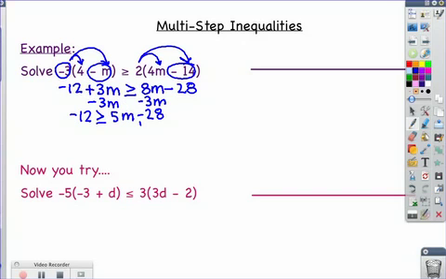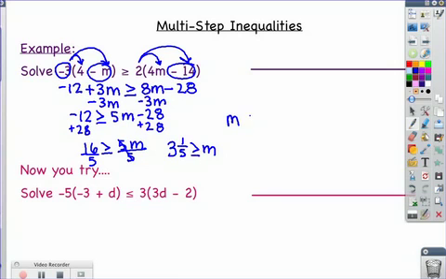Divide by 5, which gives me 3 1/5 is greater than or equal to m, or m is less than or equal to 3 1/5, which as a decimal is 3.2. I can then graph this.